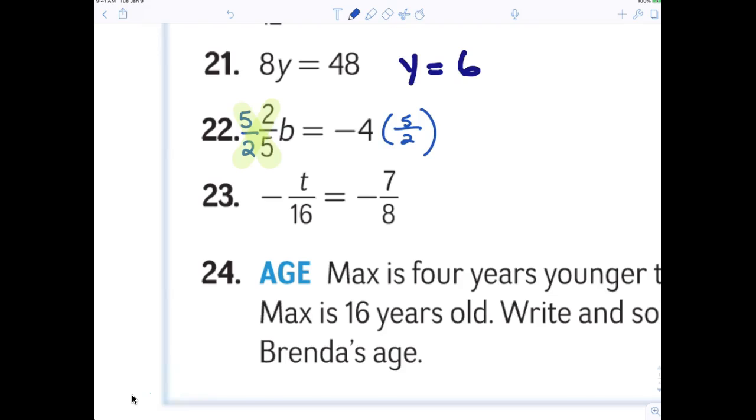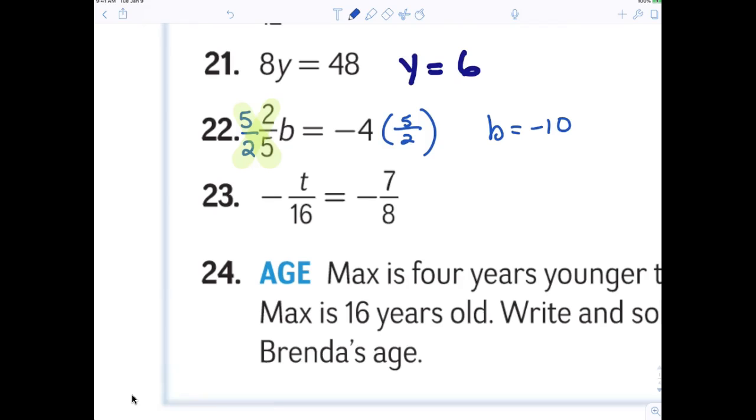Negative 20, and then divide that by 2. So B is equal to negative 10. Now I prefer to reduce first because it makes the multiplication easier. So I like to say negative 4 divided by 2, which is negative 2, and then times 5, which is negative 10. Yes, ma'am. Good for you.